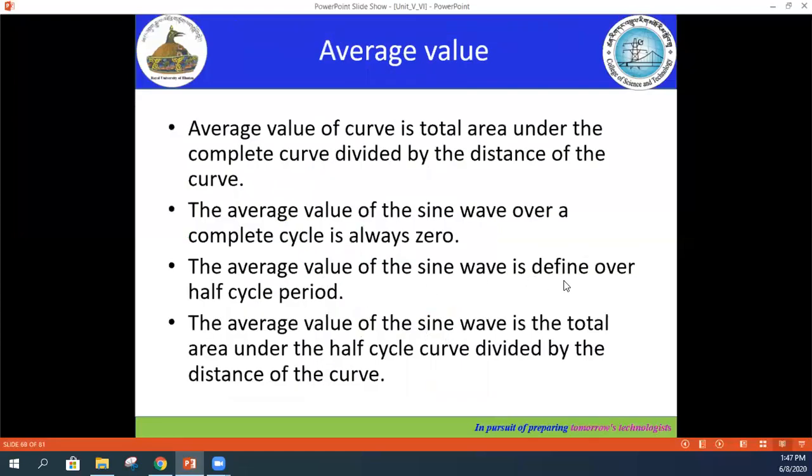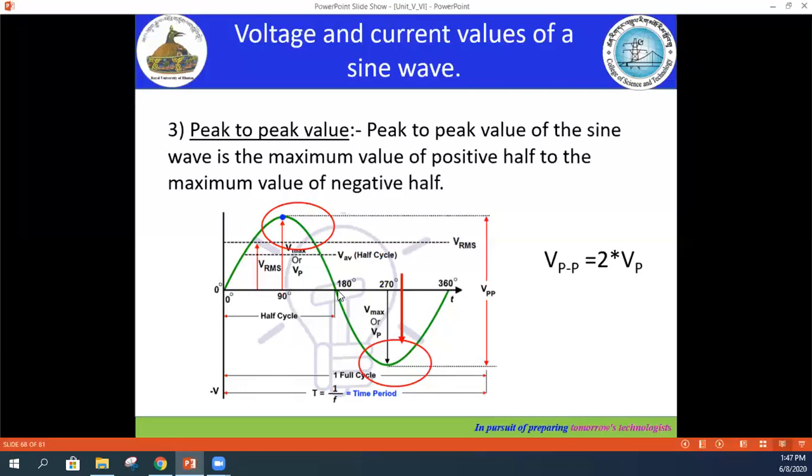The average value of the sine wave is defined over the half cycle period. The average value of the sine wave is the total area under the half cycle curve divided by the distance of the curve. Now the distance here is either 0 to pi, or 0 to 180, or 0 to T. So this is the distance that we are going to consider.